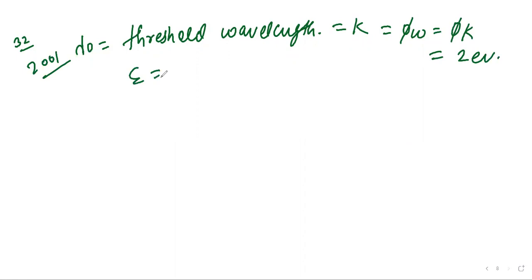We know that E equal to h mu, or it can be written as hc by lambda. So mu naught value we know, right?